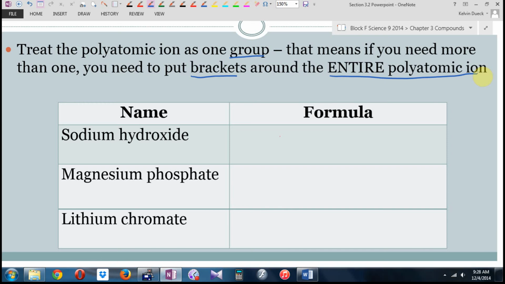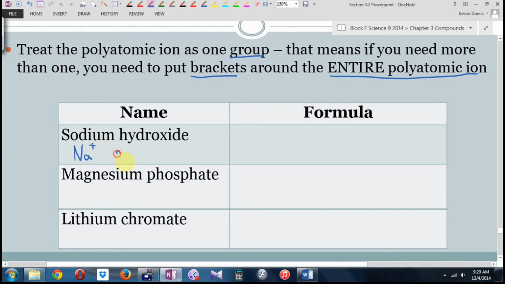You ready? Here we go. Sodium hydroxide. What's the formula? We're going to crisscross. So the first thing we're going to do is we're going to find sodium on our periodic table. We're going to write it down. And we're going to write its ion charge. What was sodium's ion charge? Plus? Now, hydroxide. Is that an element? No, that's a polyatomic ion. Find it on your sheet.